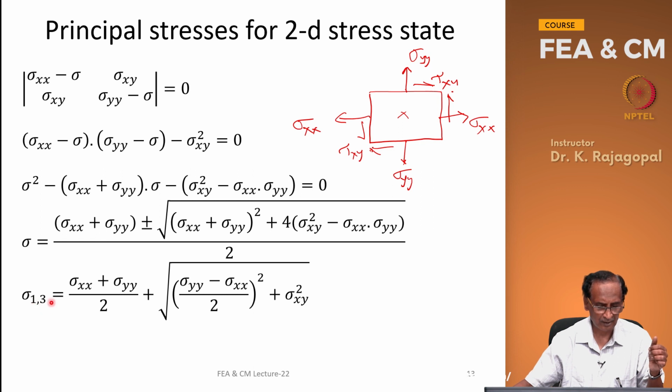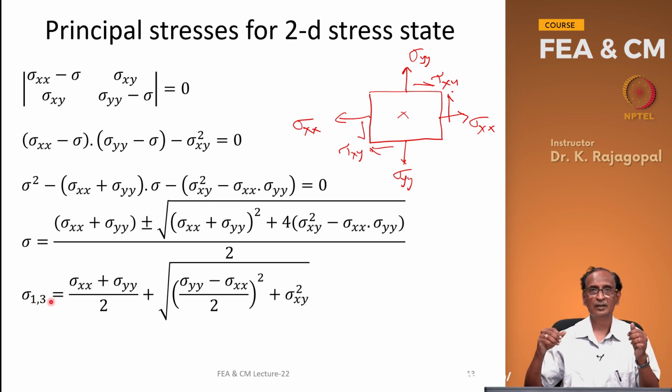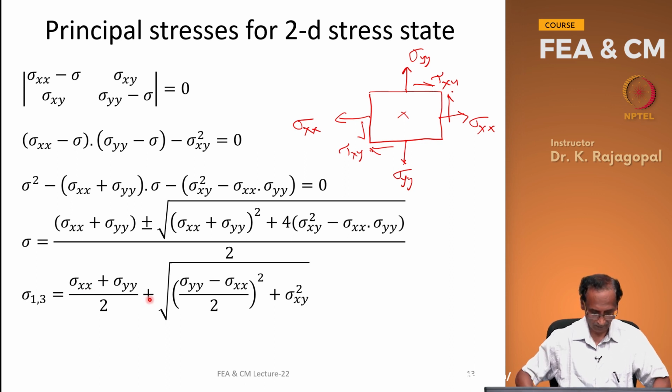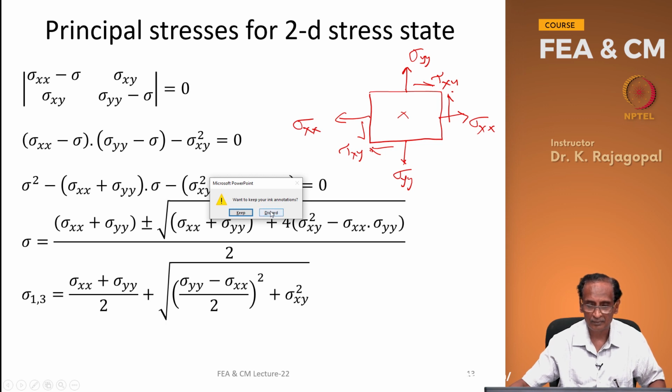your sigma 1 and sigma 3, where sigma 1 is the major principal stress and sigma 3 is the minor principal stress, are equal to the mean of sigma xx and sigma yy, plus or minus the square root term.